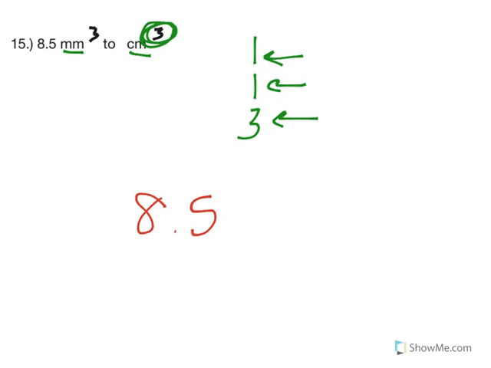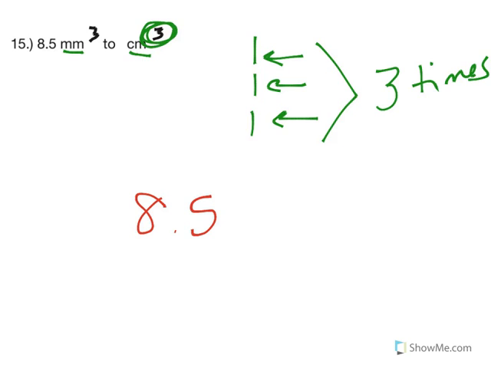8.5 millimeters cubed to centimeters cubed. Okay, so now if we think about counting, to go from millimeters to centimeters, I've got to go left 1 place. But it's cubed, so we're going left 1 place, but we have to do that 3 times. So if I have 8.5, we're going left 1 place 3 times.